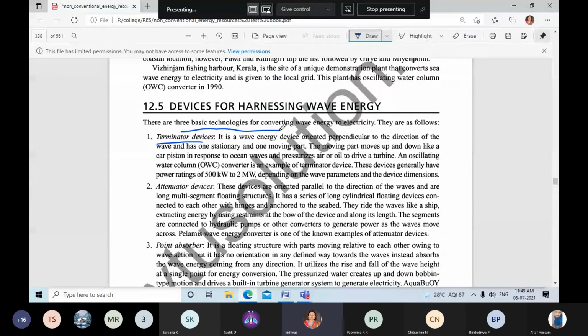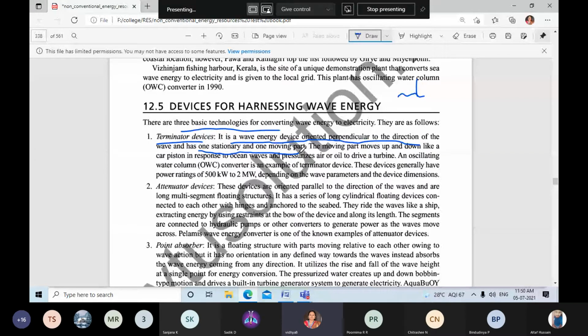A terminator device is a wave energy device oriented perpendicular to the direction of the wave, and it has one stationary and one moving part.